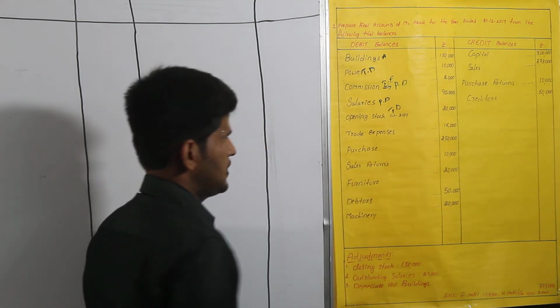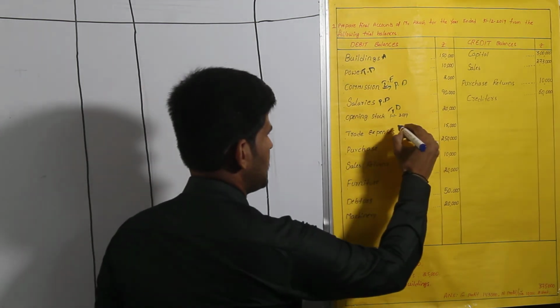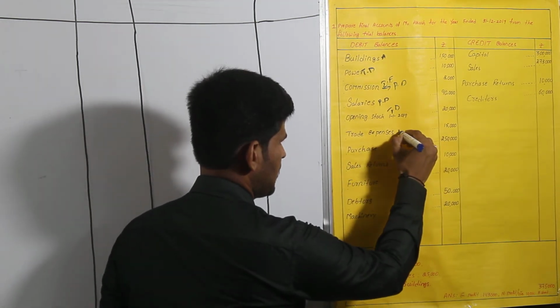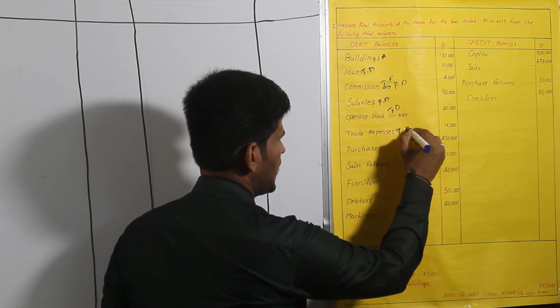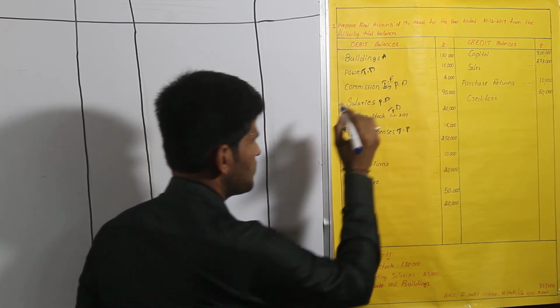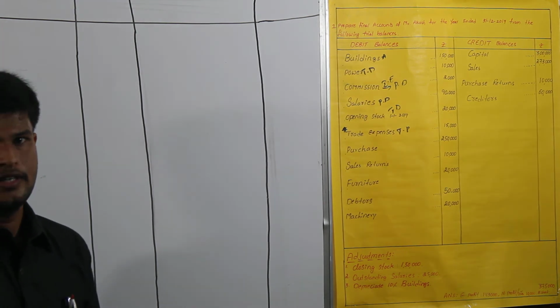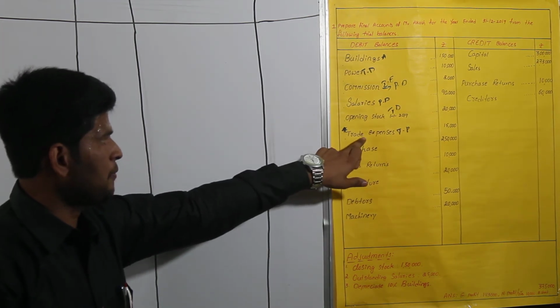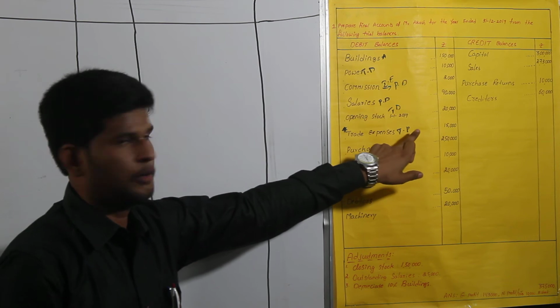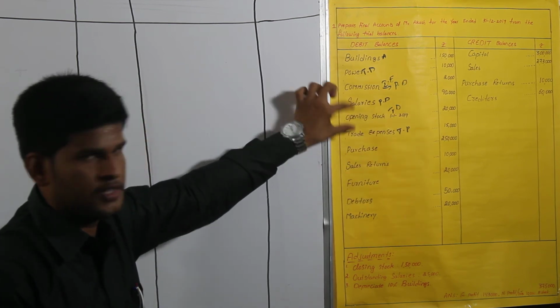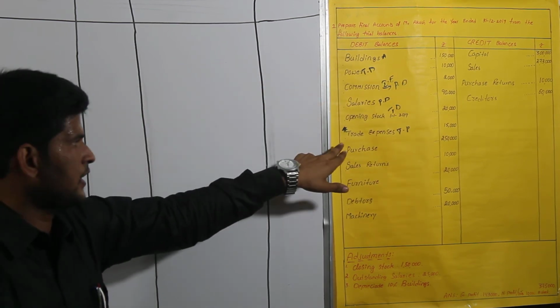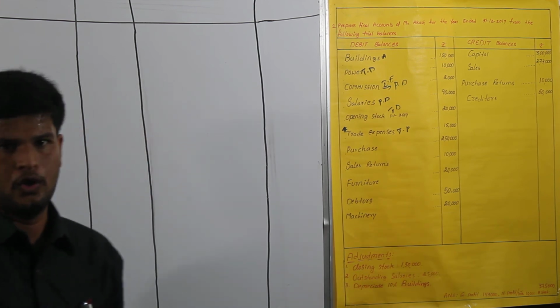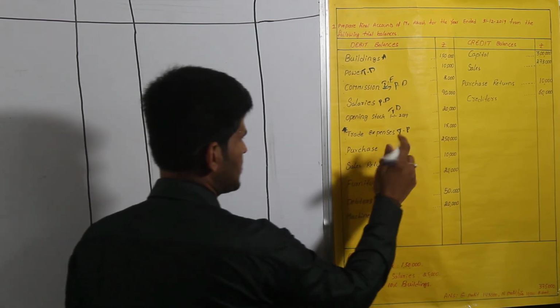Next, trade expenses. I am leaving trade expenses for now, and how to convert it into trading and profit and loss account. One more logic is important in trade expenses. Why am I not giving it directly to trading or profit and loss? Because trade expenses consist of two conditions, which we will know at the end of the problem. Next one, purchase.